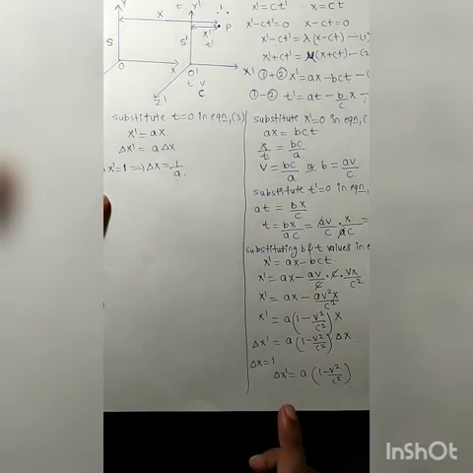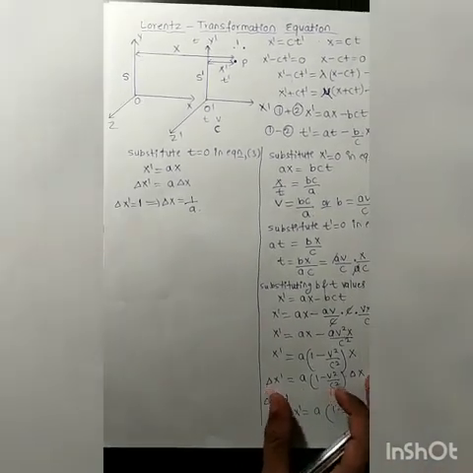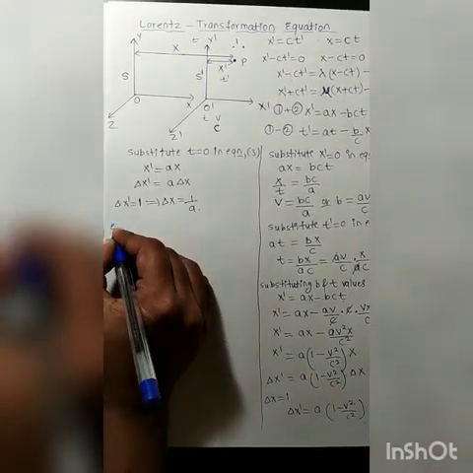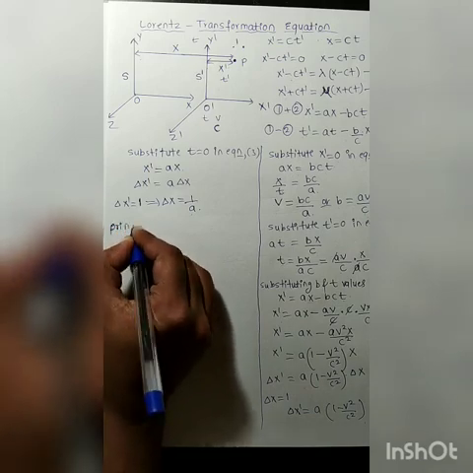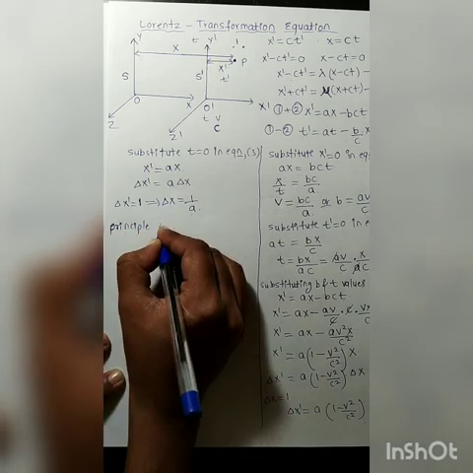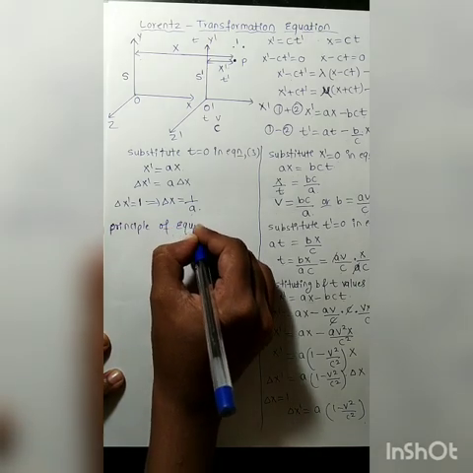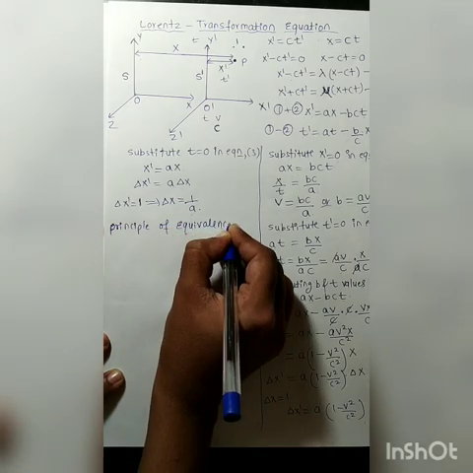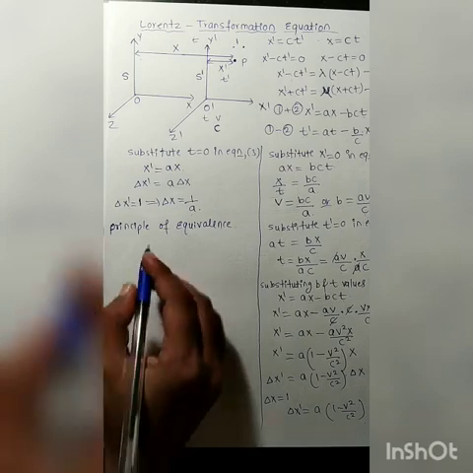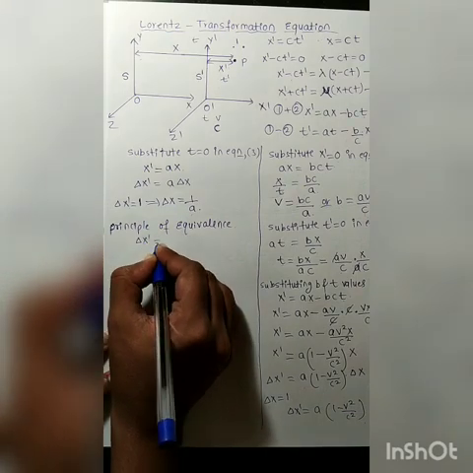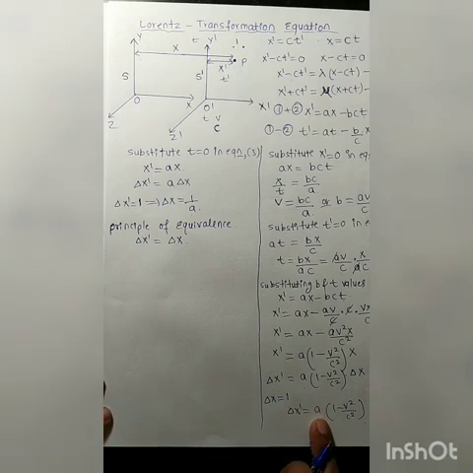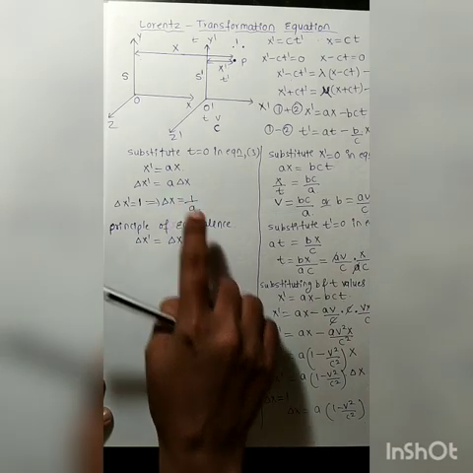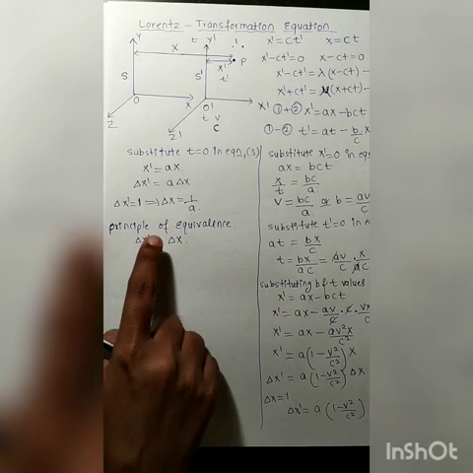Okay, so now we will use one principle, that is the principle of equivalence. We are using the principle of equivalence. So according to the principle of equivalence, delta x dash is equal to delta x, isn't it? And we are having delta x dash value as well as delta x value. So these two values I will substitute here.